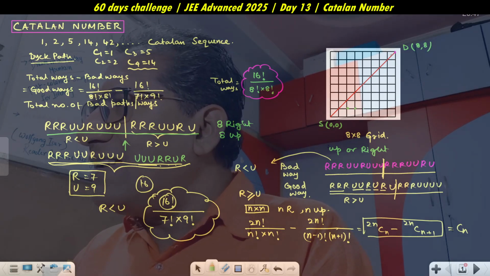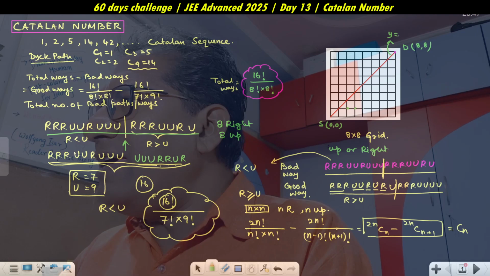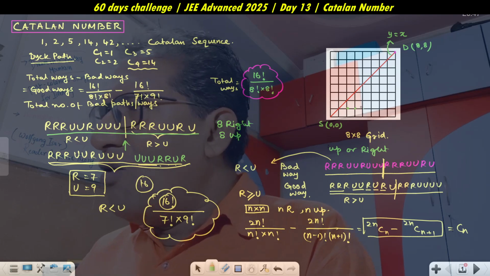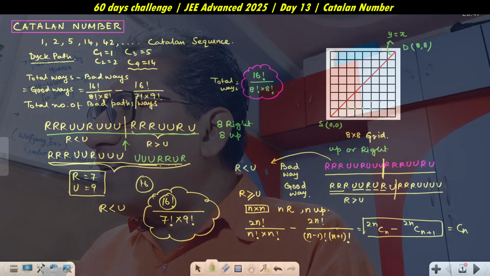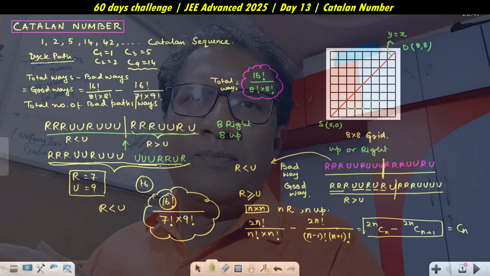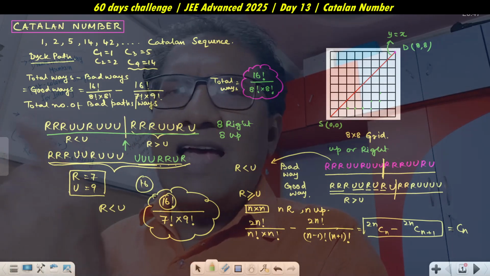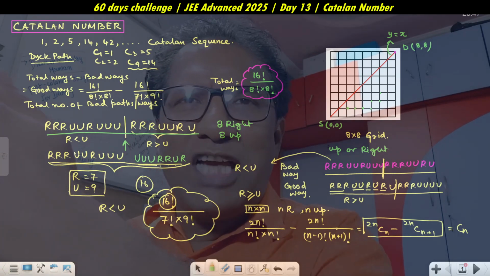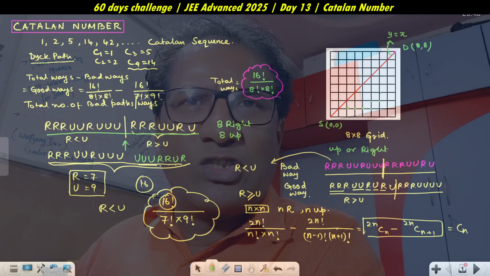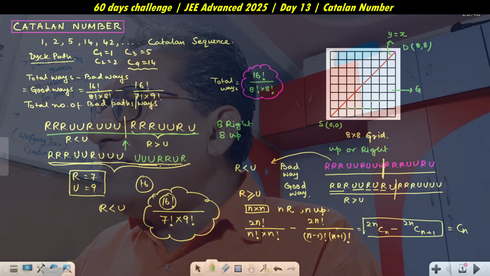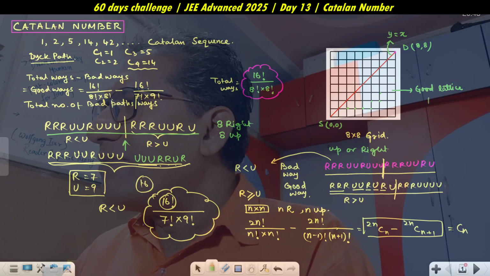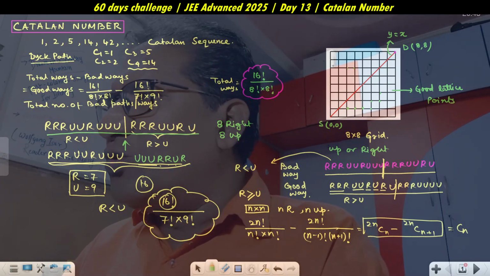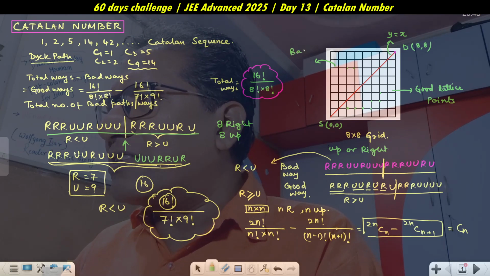And you see this line, the diagonal, is basically the equation of the line y equals x. Now, all the vertices of the squares below the diagonal are lattice points. And all the lattice points which are below the line y equals x are the good lattice points, and the lattice points which are above the line y equals x are the bad lattice points.